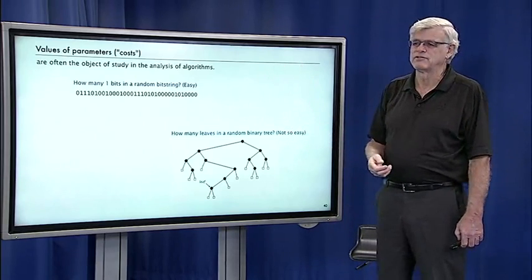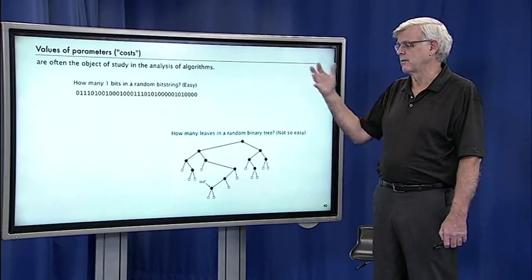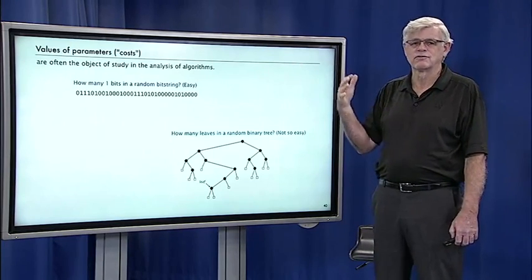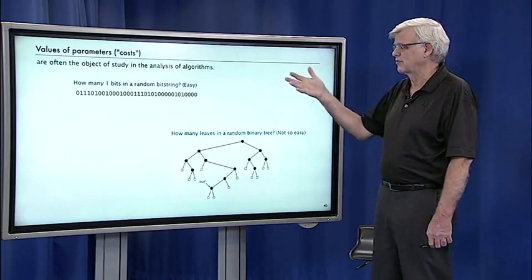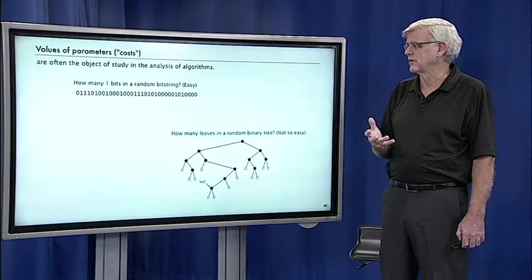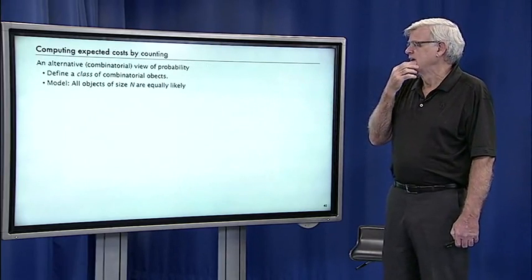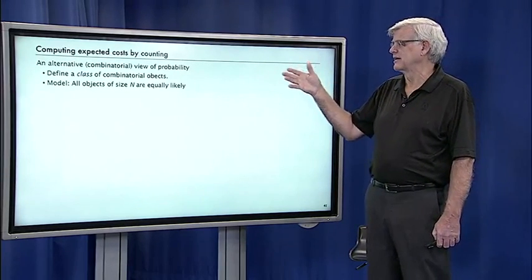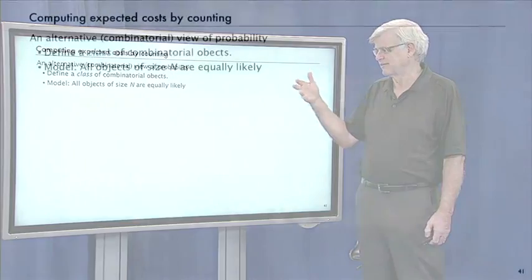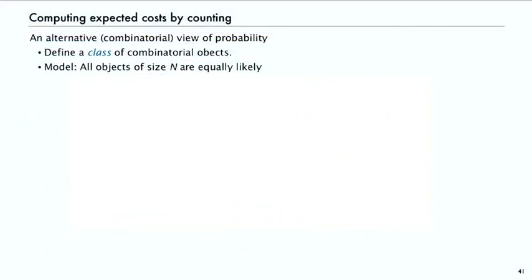I want to do these examples to show the advantages of using generating functions to help us do calculations and analysis like this. So again, it's the same kind of idea. We're going to have a class of combinatorial objects.